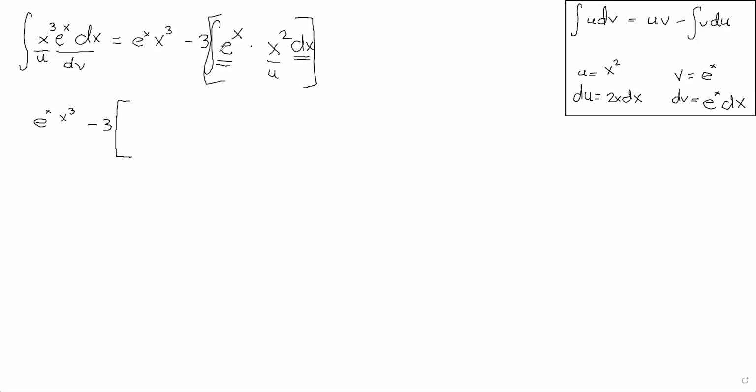We're going to replace the integral with uv minus the integral of v du. So we have uv is going to be x squared times e to the x. And then minus the integral of v times du. So v is e to the x. du, we can see, is 2x dx.